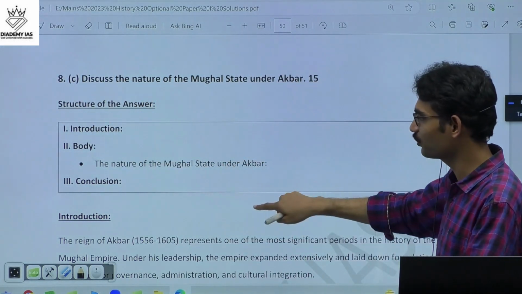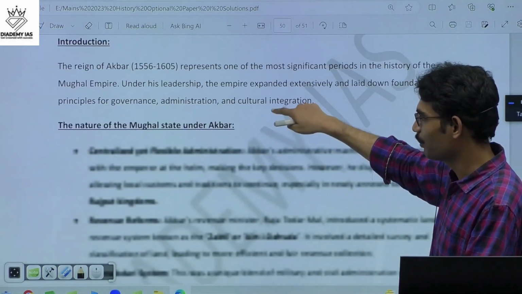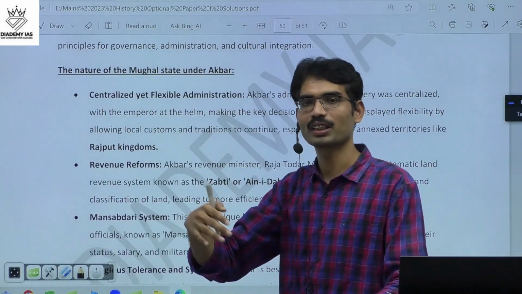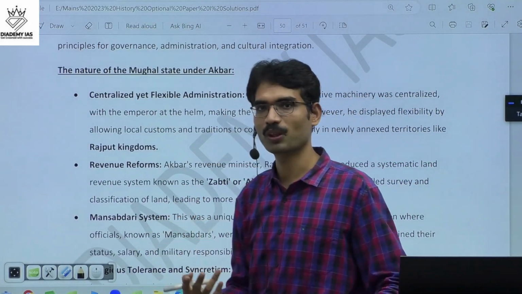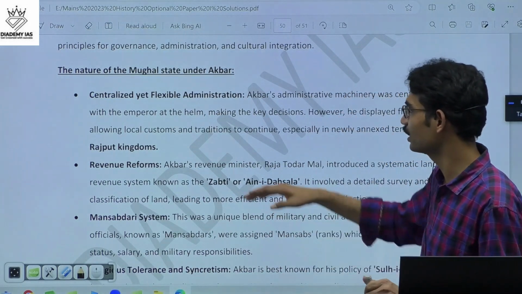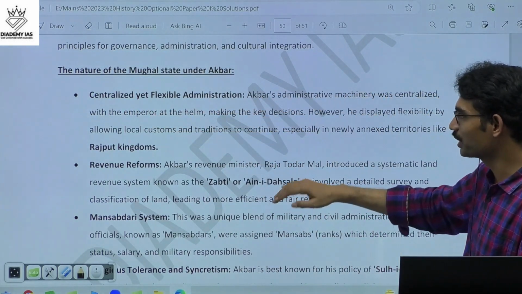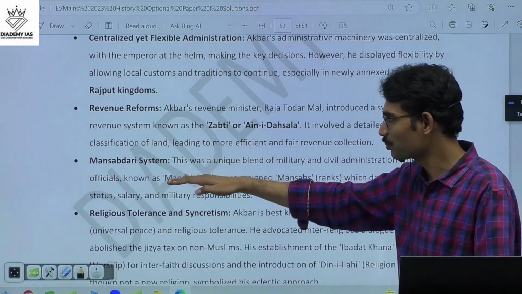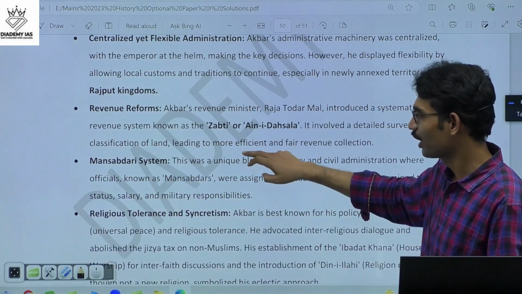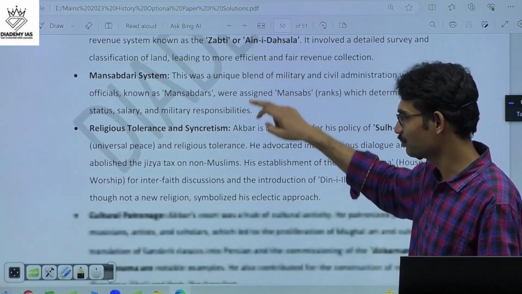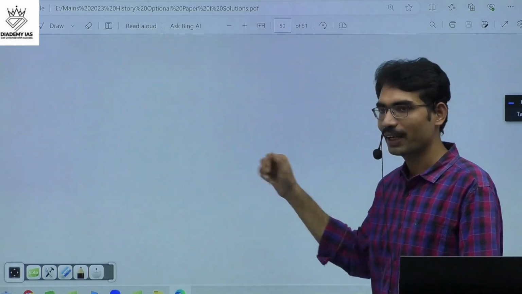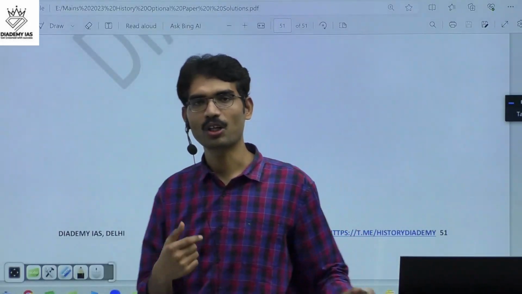Now this is also straightforward, that Akbar's policies, you know about his religious policy, his taxation policy, his agriculture policy, administrative policies, centralized yet flexible administration, revenue reforms, mansabdari system, religious tolerance, syncretism, cultural patronage, different monuments were also built during his time period.